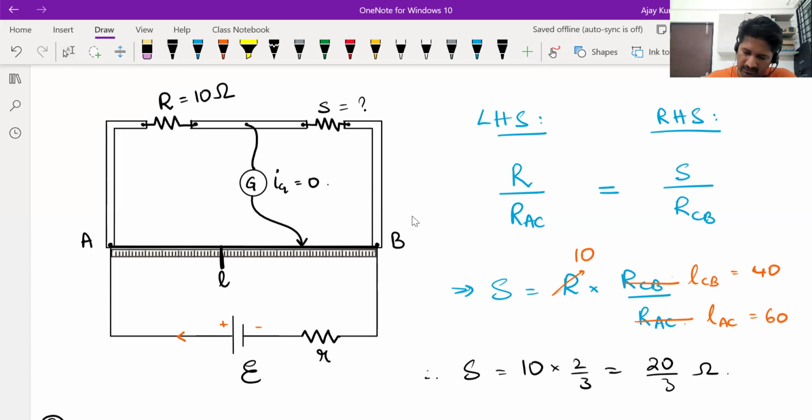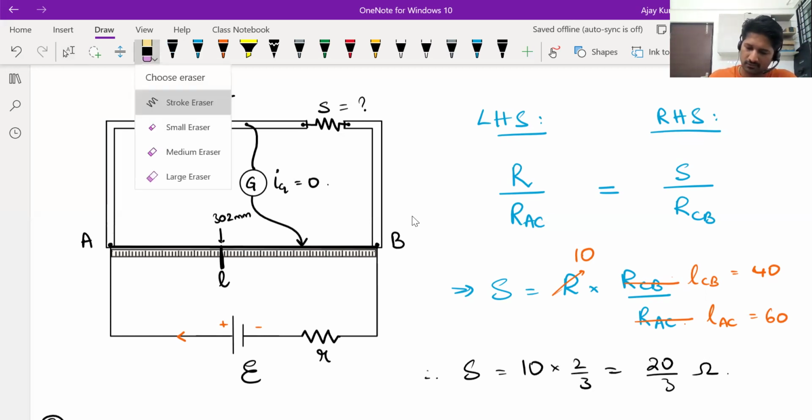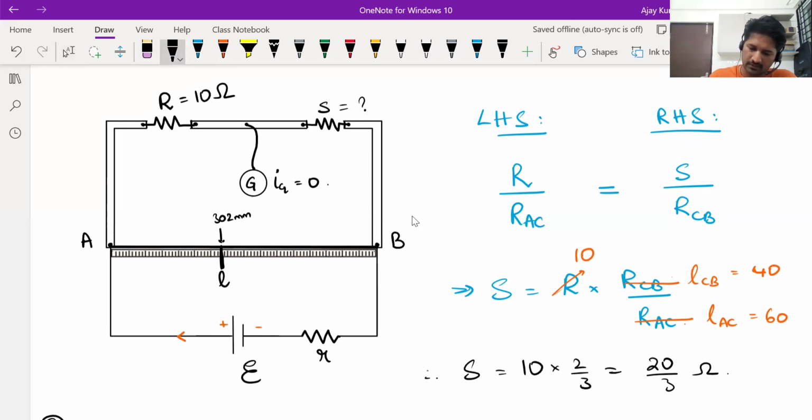Let's say this marking is exactly 30.2 centimeters, that is 302 mm. So what you can do is connect the galvanometer at A. You will see deflection. Next, connect it at 1 centimeter away from A, then 2 centimeters away from A, 3 centimeters, 4. In fact, you can even go in steps of 10 centimeters, not an issue. Let's say you are going in steps of 1 centimeter.